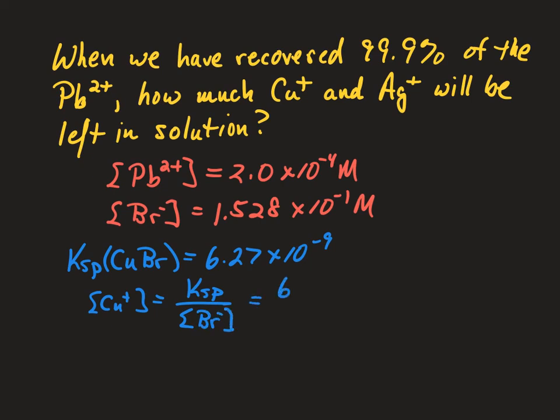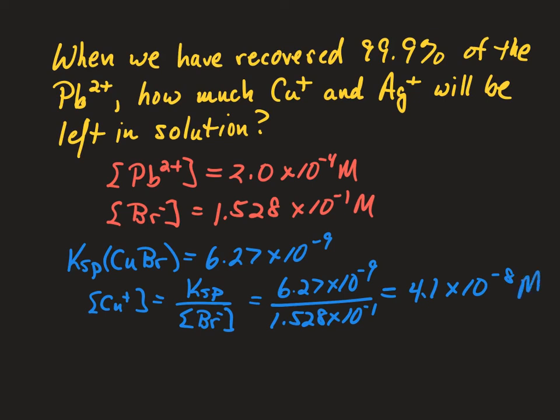So it's going to be 6.27 times 10 to the minus 9 divided by that 1.528 times 10 to the minus 1, which equals just about 4.1 times 10 to the minus 8th molar copper ion left.